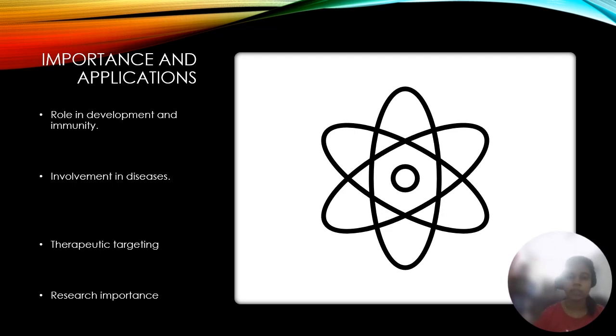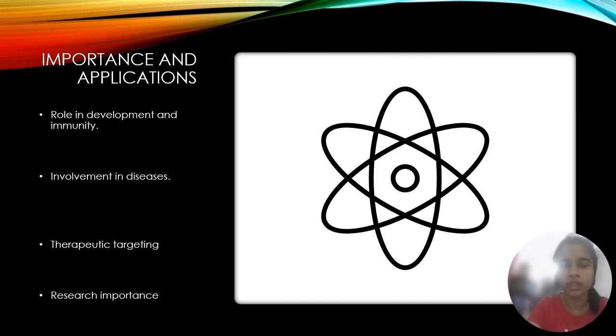Then there is the involvement of apoptosis in diseases. Dysregulated apoptosis results in diseases. As I told you, if there is less apoptosis happening, you can have cancer, and if there is more, then you can have degenerative diseases.